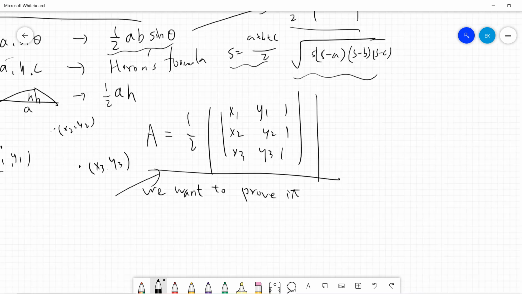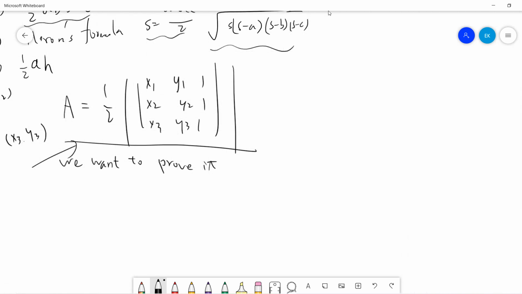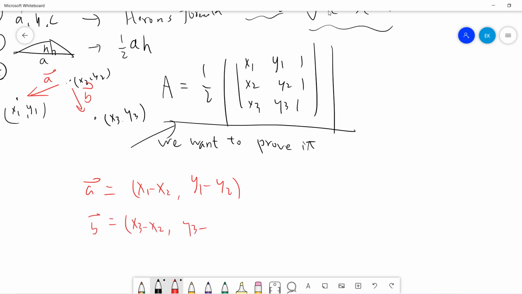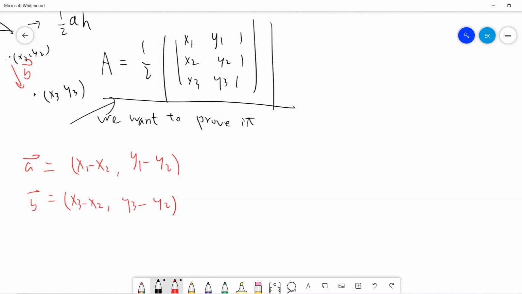Let's say we have this triangle, with vectors A and B. Our A will be (x1 minus x2, y1 minus y2), and our B will be (x3 minus x2, y3 minus y2). Then we calculate A cross B, which is a brute force calculation.